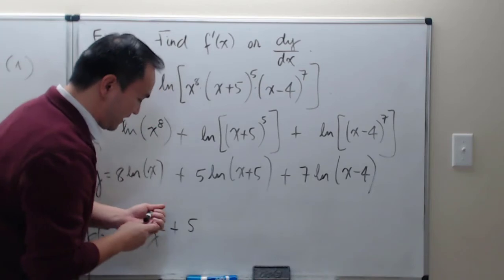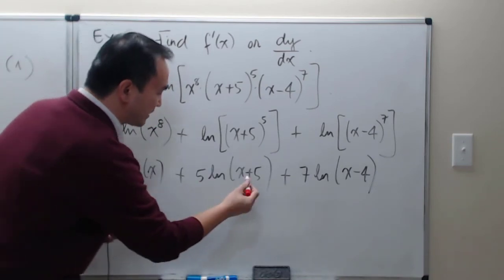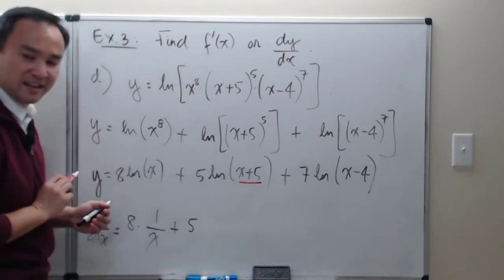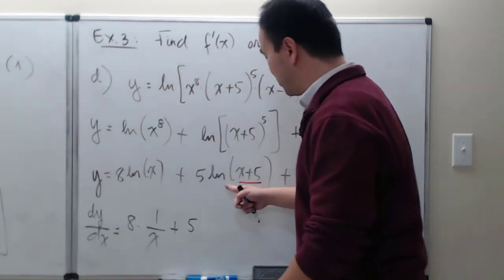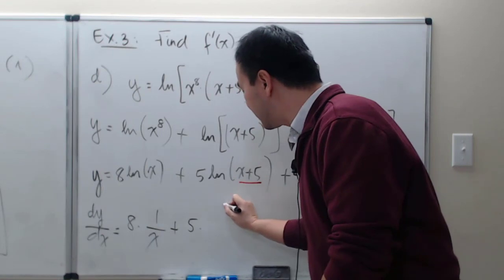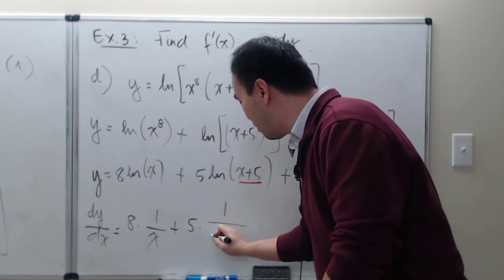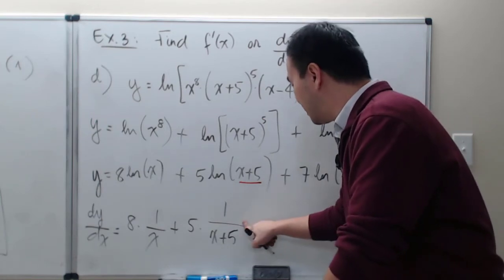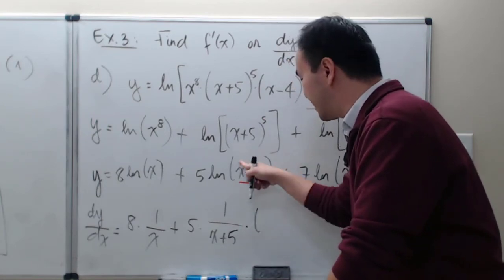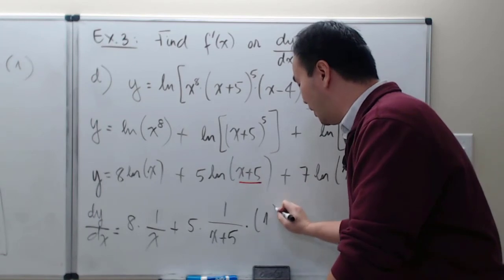But chain rule, I recommend taking x plus 5 as the inside of our log term right there. So now the chain rule says take the derivative of the outside, which produces 1 over x plus 5. Okay, and then multiply, as the chain rule says, with the derivative of what's being inside here, which is 1.